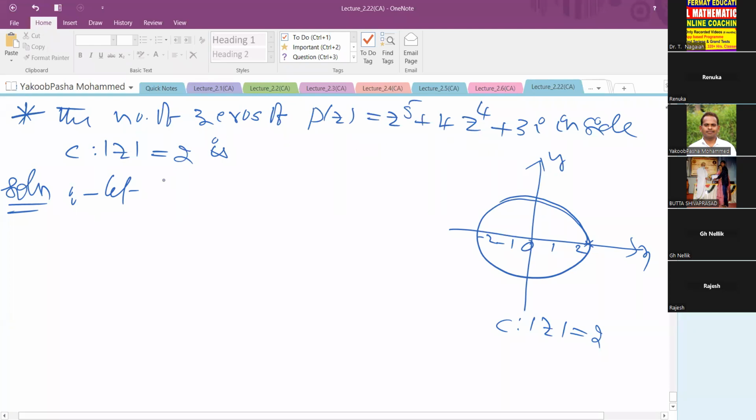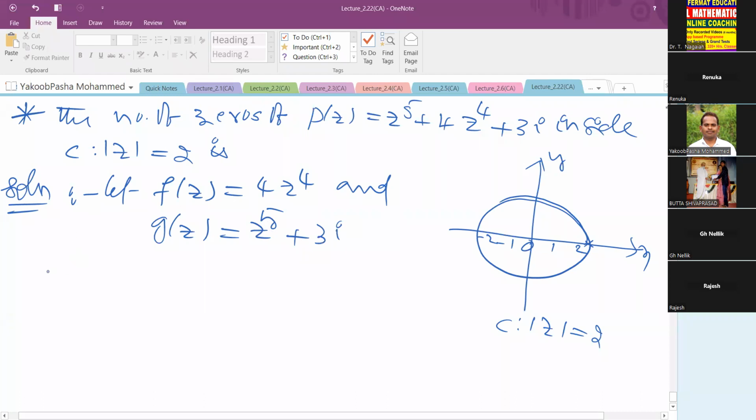I'm taking f of z is equal to 4 z power 4 and g of z is equal to the remaining function, z power 5 plus 3i.